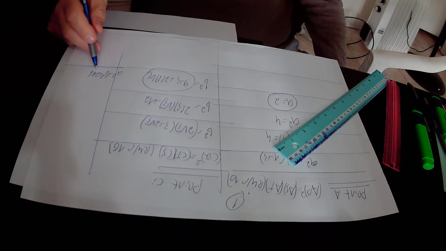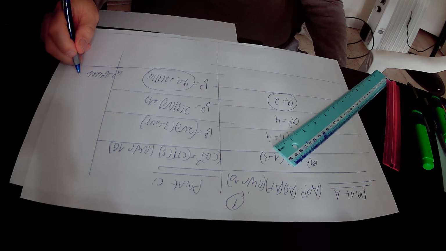But this expression, A squared plus B squared plus 2 times AB, equals A plus B squared.